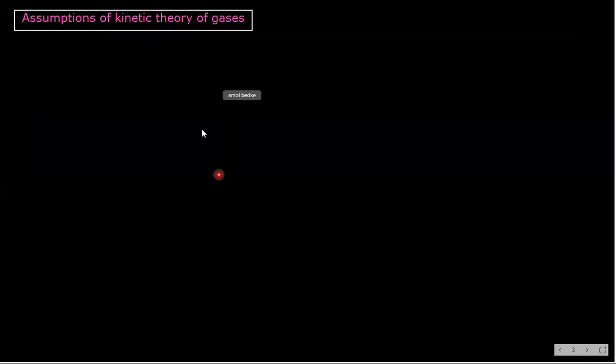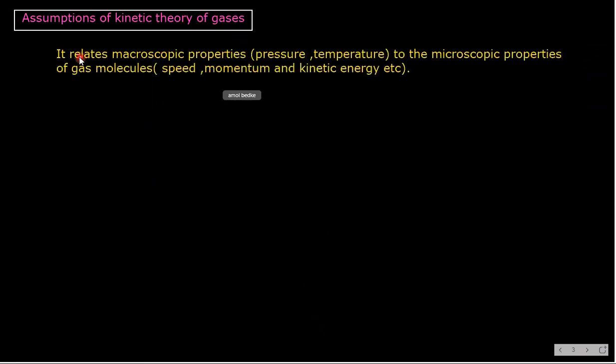So next topic, assumptions of kinetic theory of gases. On what basis or on what assumptions is this kinetic theory of gases built? First one, it relates macroscopic properties, pressure and temperature, to the microscopic properties of gas molecules, that is speed, momentum, and kinetic energy.